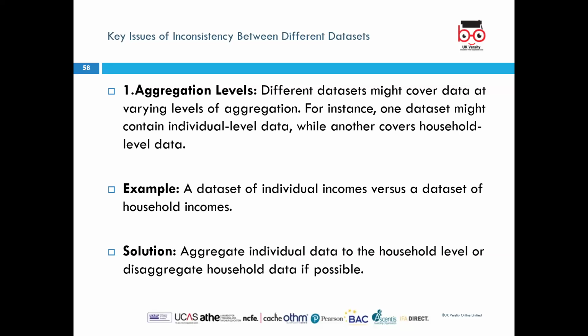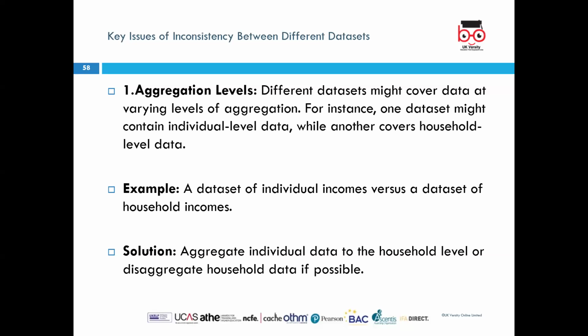of inconsistency between datasets would be aggregation level, where we have different datasets which might cover data at varied levels of aggregation. For instance, one dataset might contain individual level data, while another covers household level data.